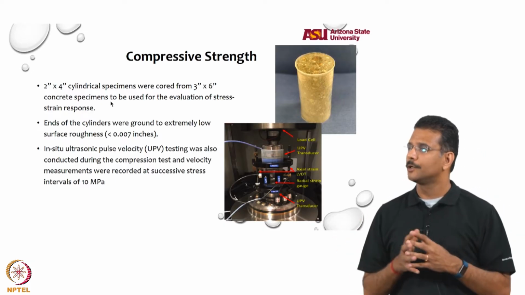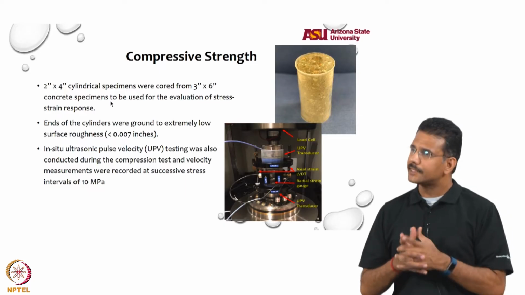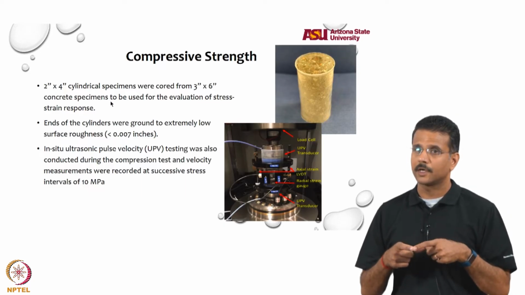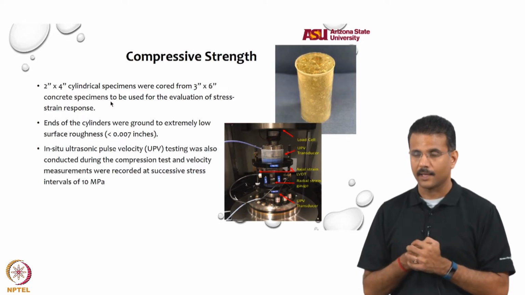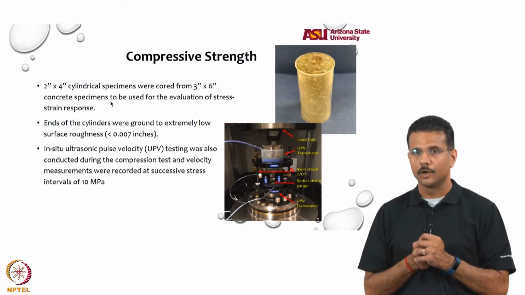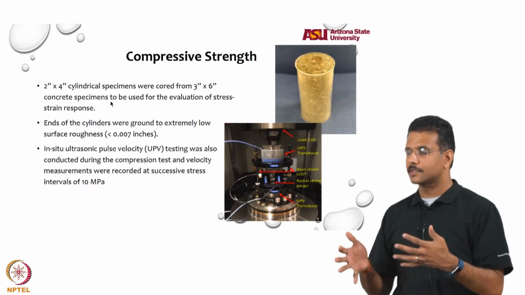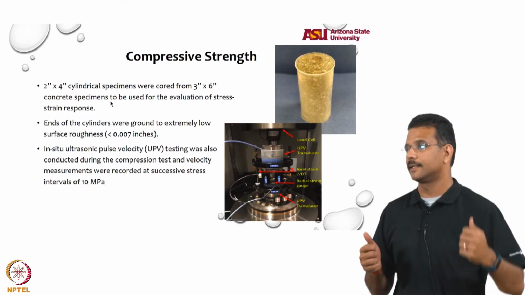But like I showed you earlier, the reason why we use ultra high performance concrete is not just for strength. Strength is one thing, but we also want to know how we can use this material in designing structures.